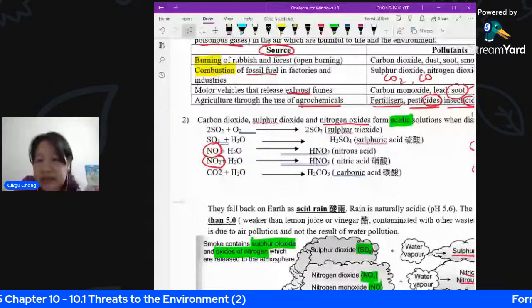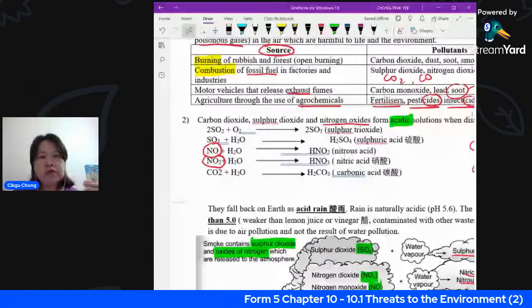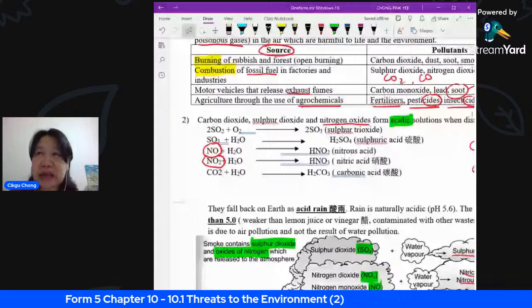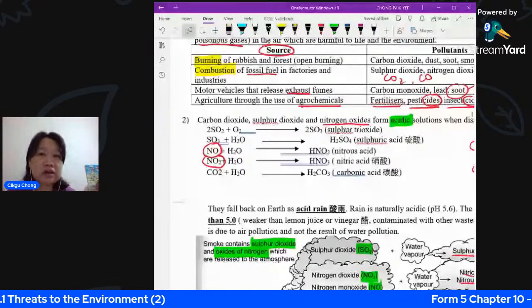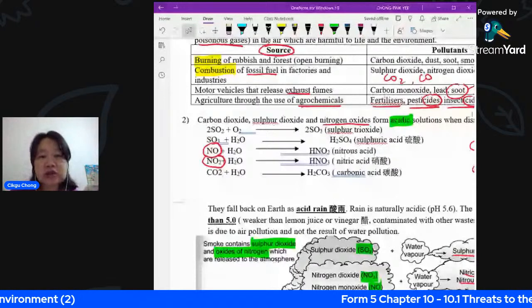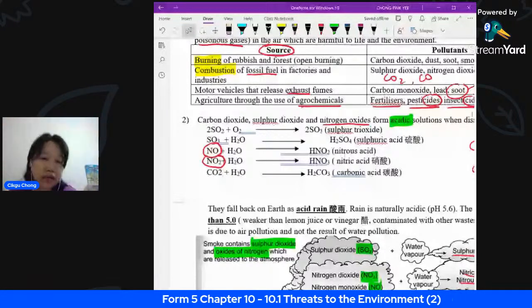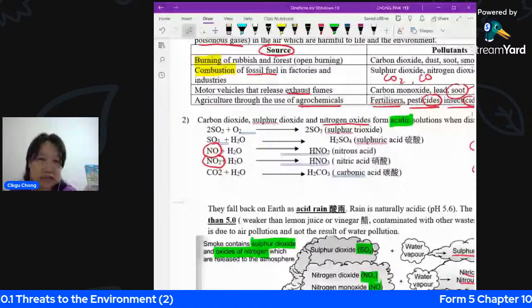For carbon dioxide, when it dissolves in water, you get carbonic acid. Okay, you learned that last year, chapter 8, when you talked about the transport of carbon dioxide in the plasma. CO2 dissolves with water, you get carbonic acid. And for sulfur dioxide, when it dissolves in water, you get sulfuric acid.